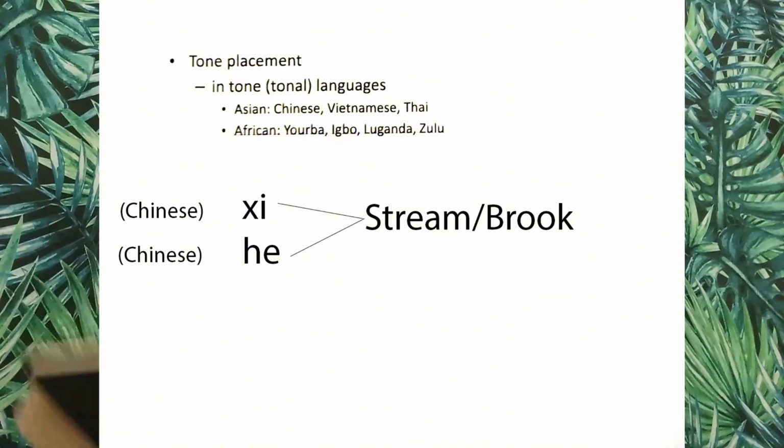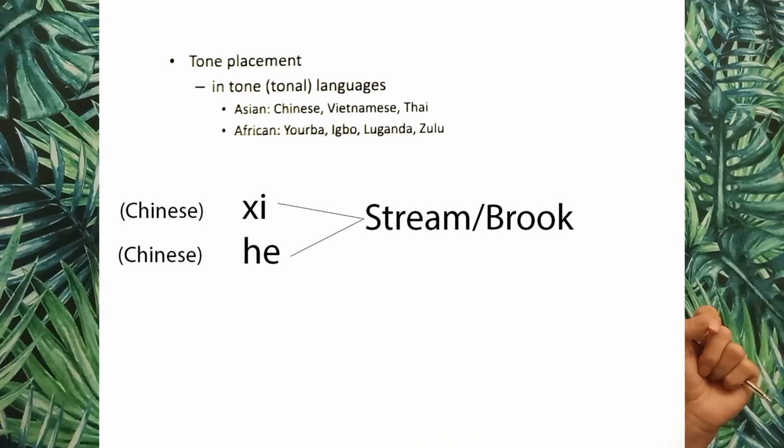Let's say the word 河. 河 in Chinese means a stream or a small river.